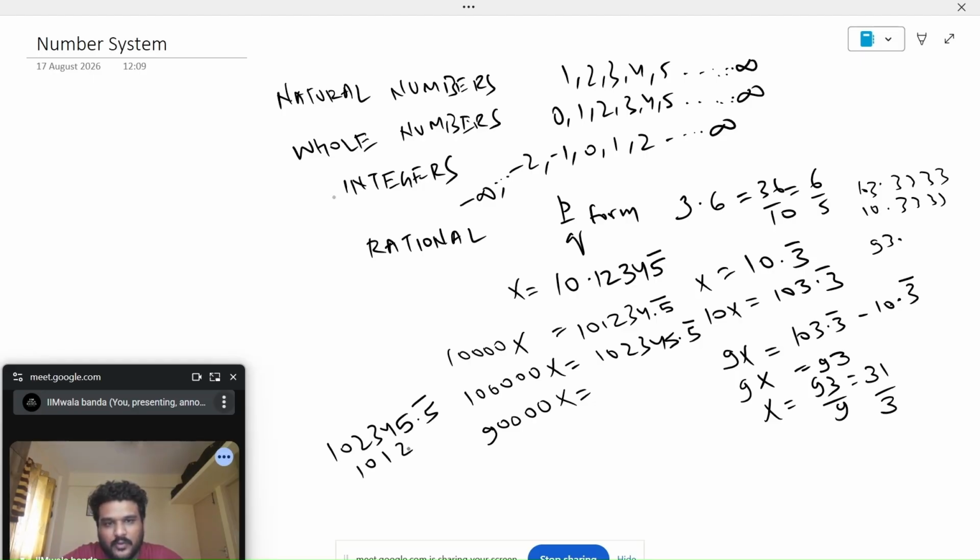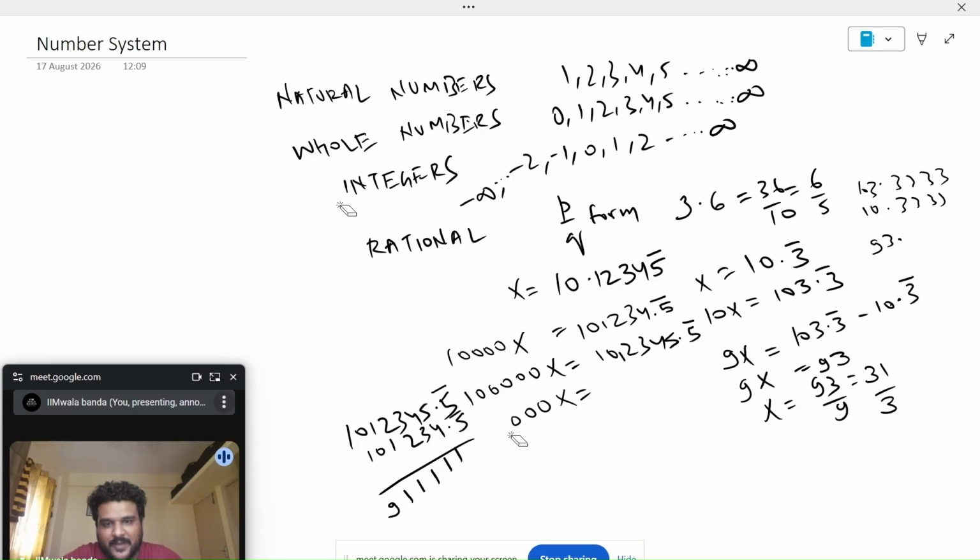Let me rewrite. 101234.5 bar, and this is 101234.5 bar. This will be 0, 1, 1, 1, 1, 1, and 9.